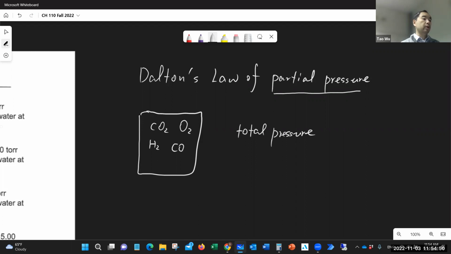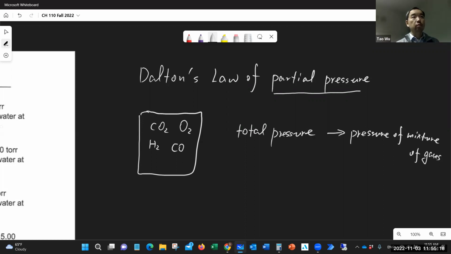So the total pressure is talking about the pressure of the mixture of gases. But if you're talking about the pressure for a single gas in the chamber, in this mixture, this is talking about the partial pressure, okay?